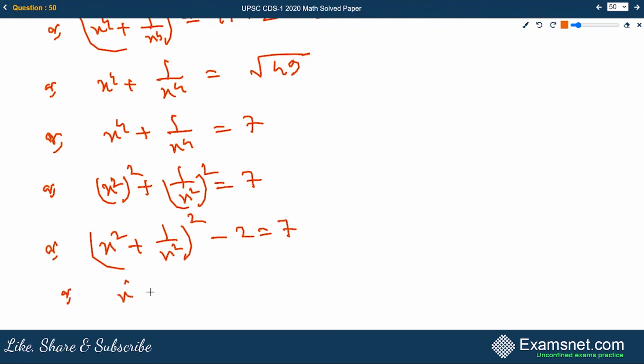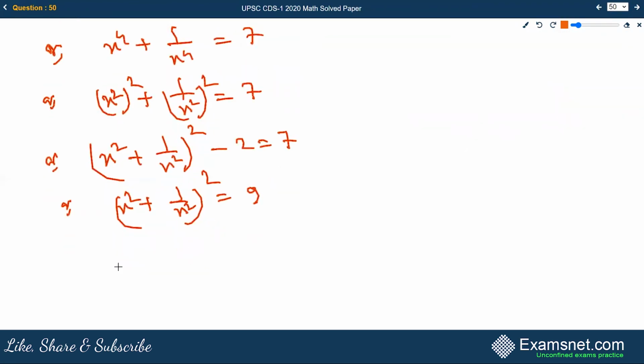So it becomes x square plus 1 by x square whole square equals 7 plus 2, 9. So x square plus 1 by x square, that is root 9, which will give 3.